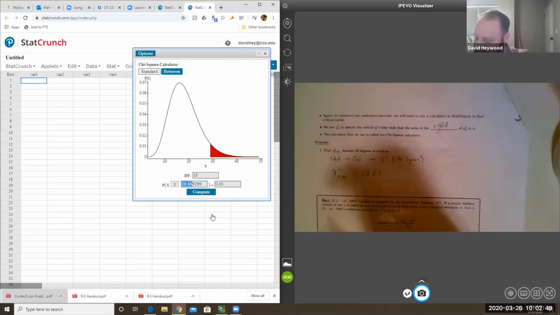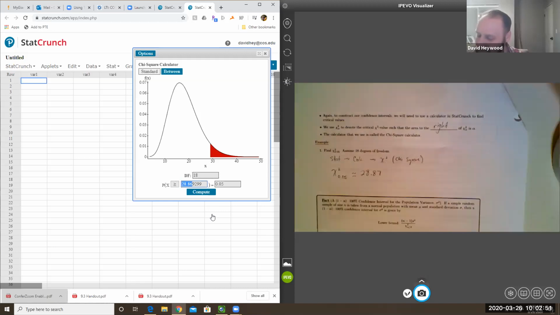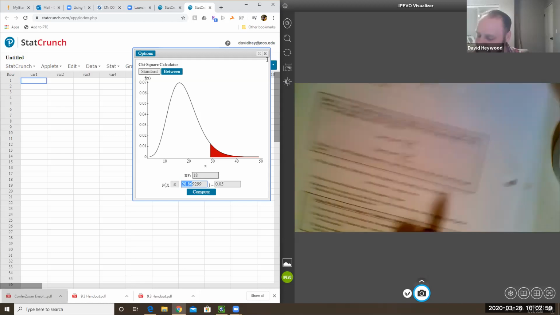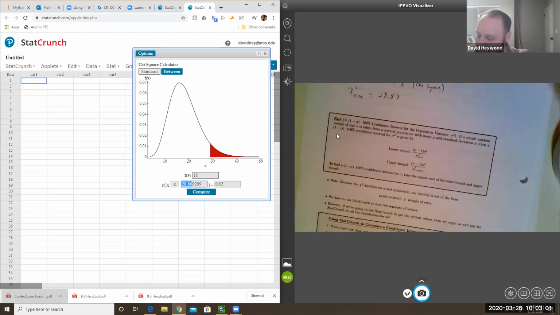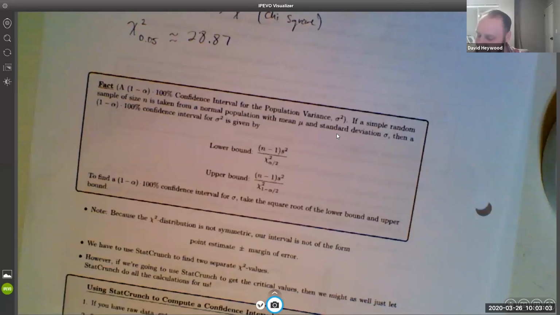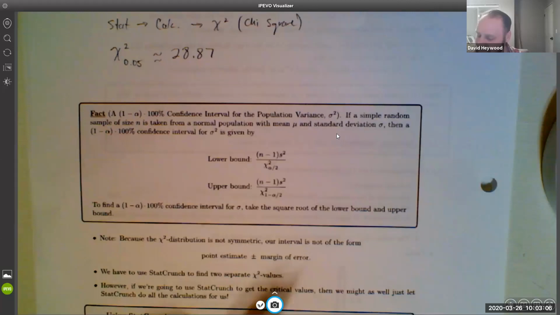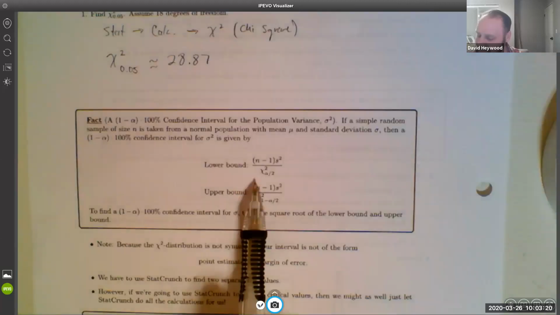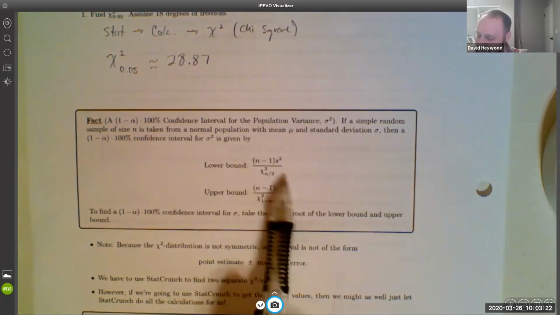Okay, so this is how we find critical values. Maybe I'll make this full screen again until we actually need StatCrunch. So if we wanted to compute these confidence intervals, here's how we're going to do it. Because the chi-square distribution is not symmetric, we actually have to compute two different critical values, one for the lower bound of our confidence interval and one for the upper bound.